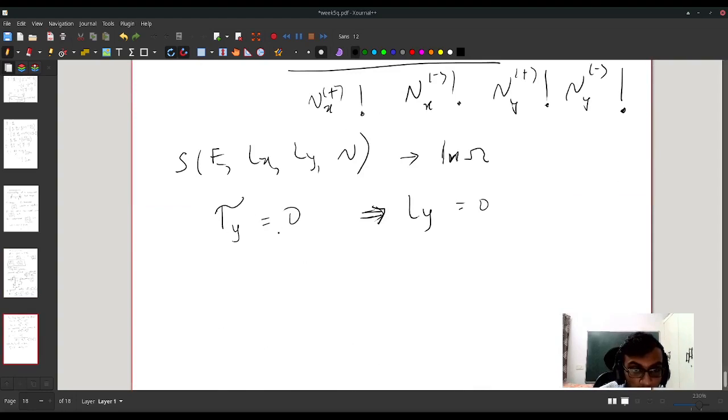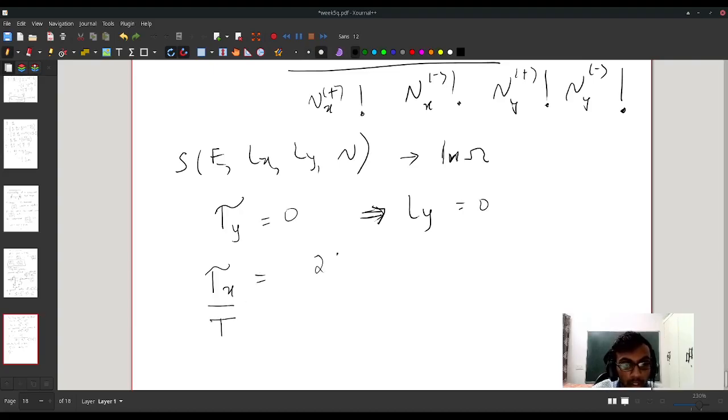So that is what we need. We can also derive tension from this as the derivative of this with respect to Lx.